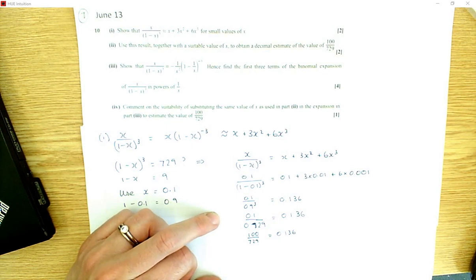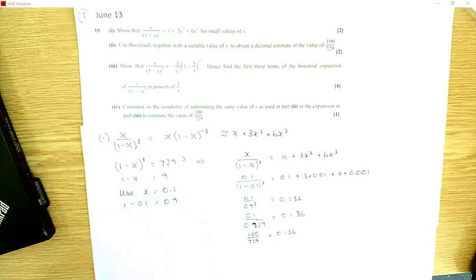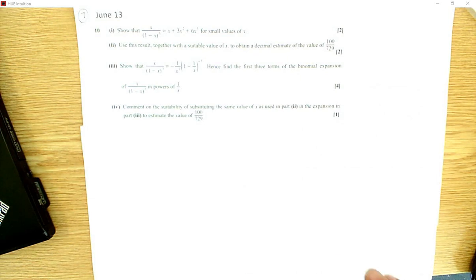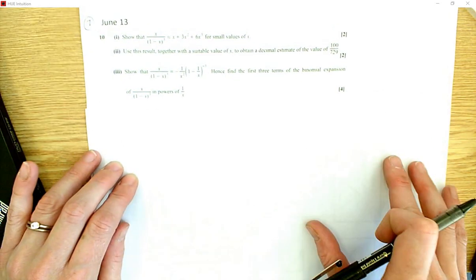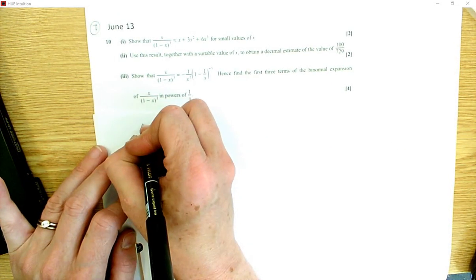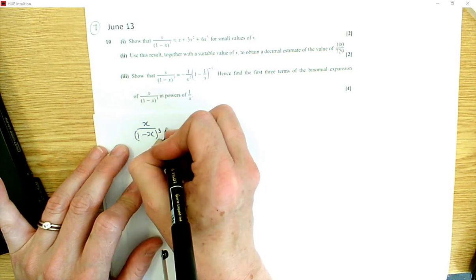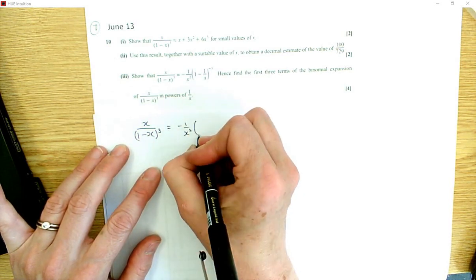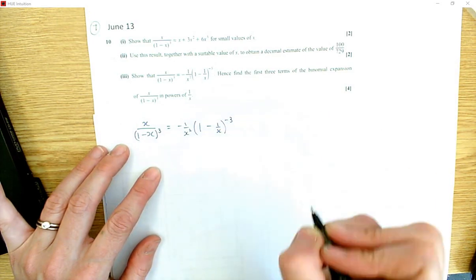So the next part of this question is manipulating some algebra. I'm going to move this out of the way so we can see. We're looking at part 3. We've got to show that x over (1 minus x) all cubed is equal to minus 1 over x squared times (1 minus 1 over x) to the minus 3.